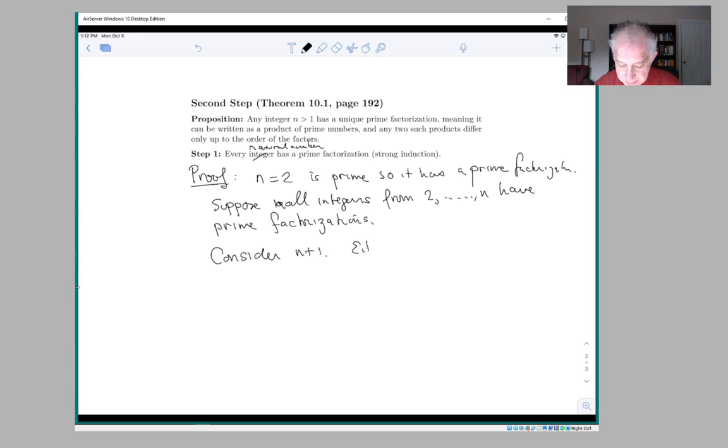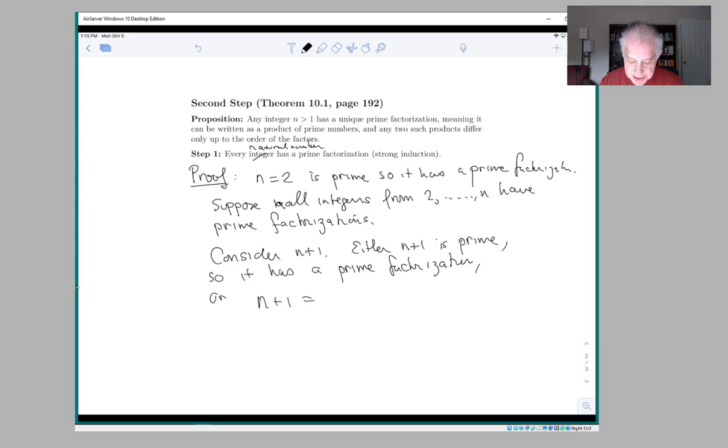Either it's prime, in which case it certainly has a prime factorization, namely itself. Or it's composite, so it's equal to a times b, where a and b are at least 2 and less than or equal to n.